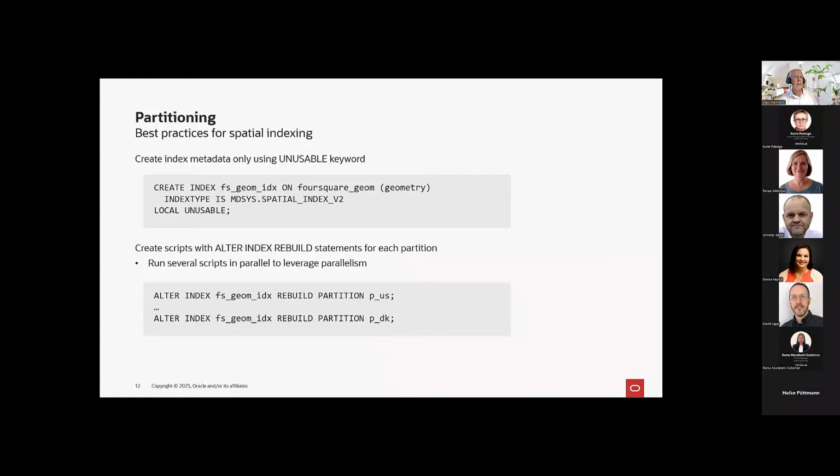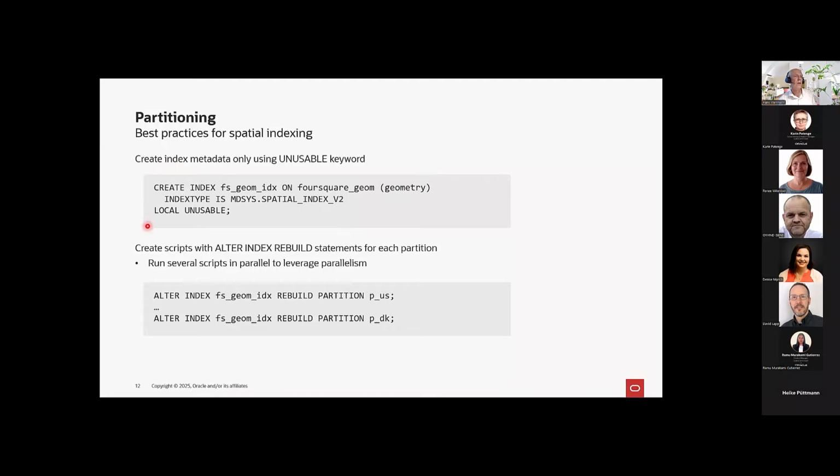And if you want to do that, the recommendation is to actually not do the whole create index statement across all whatever millions, billions of points you have in one go, because at the end of the day, there's the risk that things go wrong, and then after 2 hours of processing, maybe you need to restart the whole thing. The suggestion as a kind of best practice is to create the index as unusable to start with. That's the first statement here.